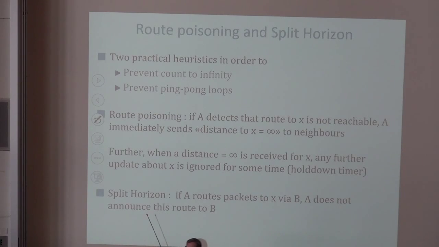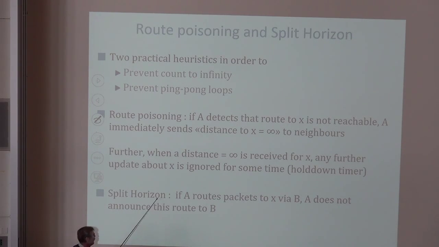This will avoid that other routers that have detected the failure a bit later, that was the case of B in the example before, will not process an update received from A. That is very efficient, except for very rare cases where there are race conditions, where two routers send messages at exactly the same time, one before the failure and the other after, which has very little probability of occurring. So in most cases it will avoid the count to infinity.